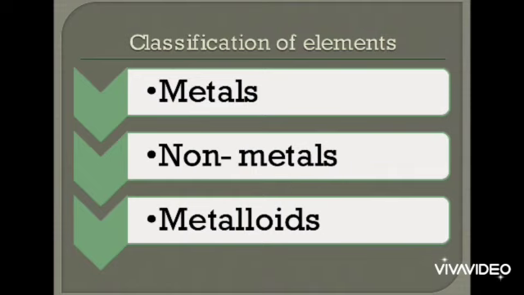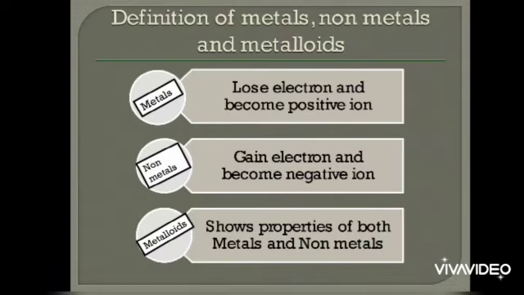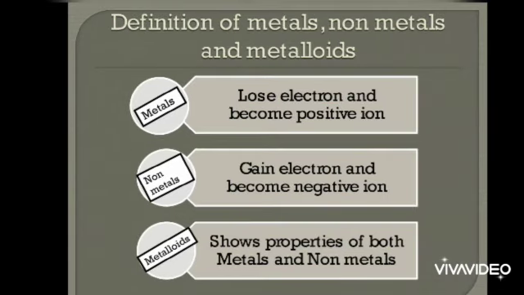By definition, metals are the elements which lose electrons and become positive ions. Non-metals are the elements which gain electrons and become negative ions, and metalloids are the elements which show the properties of both metals as well as non-metals.